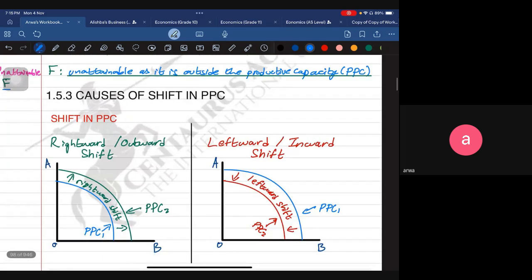We should at least write this here: shifts occur due to changes in quantity or quality of factors of production.